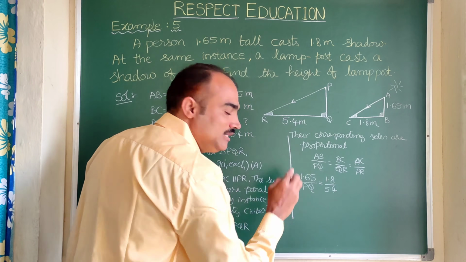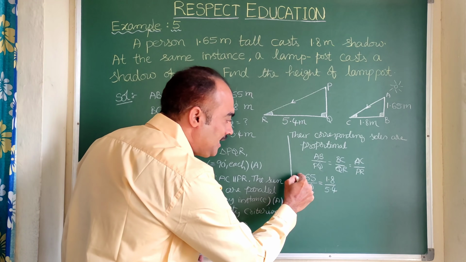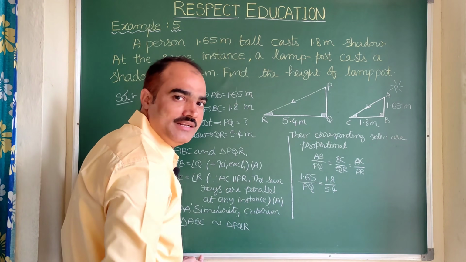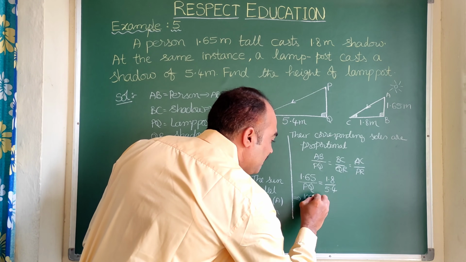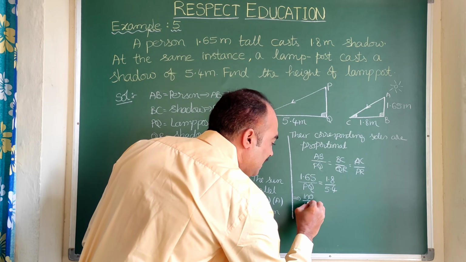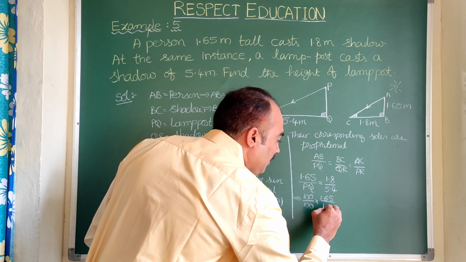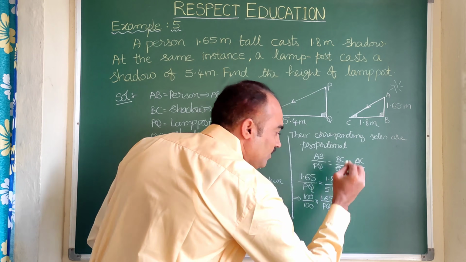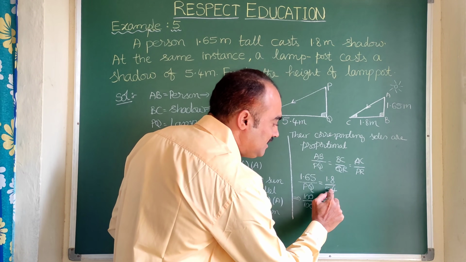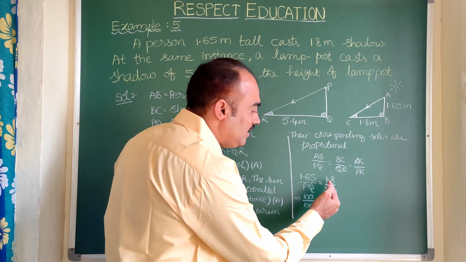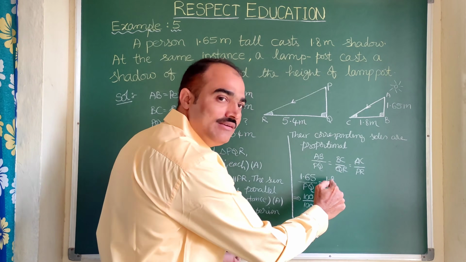See, after decimal 2 digits are there, so let us multiply and divide with 100. So 100 by 100 into 1.65 by PQ is equal to the right hand side. After decimal one digit is there, here also one digit is there, so we can multiply and divide with 10.